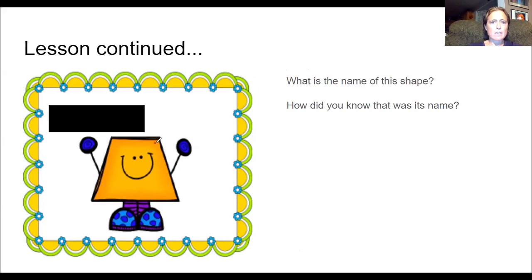So here's 1 angle, 2 angles, 3 angles, 4 angles. It has 4 vertices, 1, 2, 3, 4. Okay, so it's a 4-sided, 4-angled, 4 vertices shape. And for this one, we're going to discuss the fact that it has opposite sides parallel.